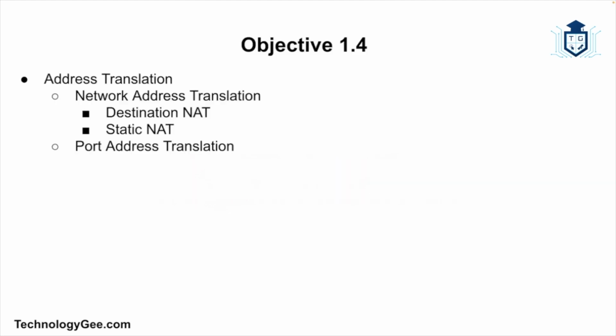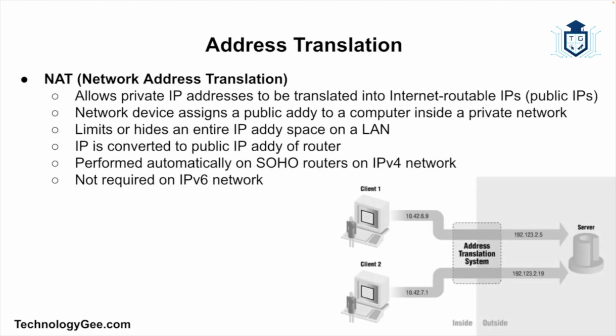In this video, you're going to learn about IP address translation. All right, so let's talk about address translation. As described in previous videos, some IP addresses are routable through the public internet, and other IP addresses are considered private and are intended for use within an organization.